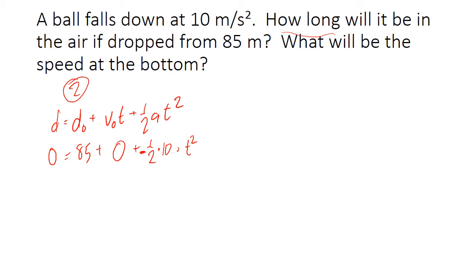So we're going to solve for t. Oh, we should have solved for t before we got all this messy stuff in there. But, oh well. Kicking the 85 over there, I'm going to have negative 85 divided by 1/2 times 10, which is 5, negative 5, equals t squared. 85 divided by 5 is 17, is equal to t squared.